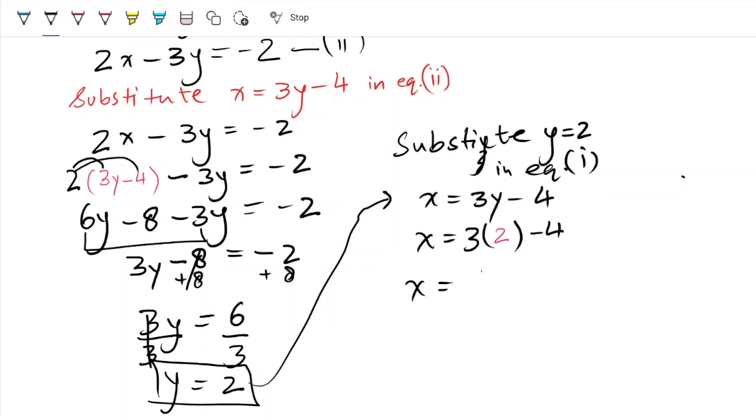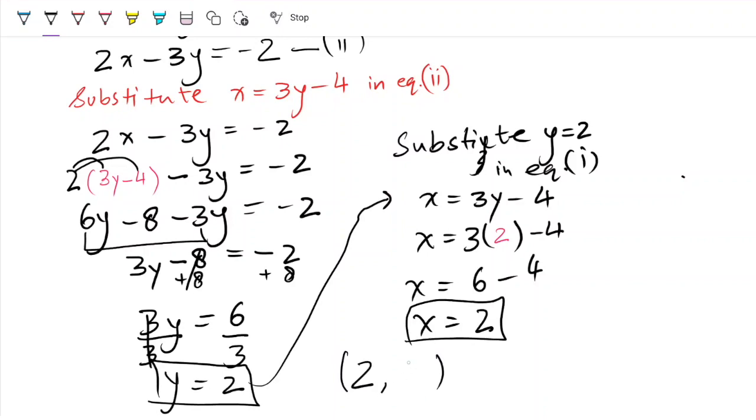X equals 3 times 2 is 6, 6 minus 4. X is equal to 2. So we got the values of both x and y. So we write them in a bracket. X stands for 2. Y stands for 2. That's our solution to the problem.